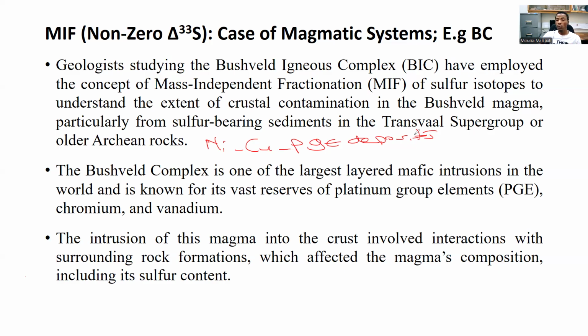The Bushveld Complex is one of the largest layered mafic intrusions in the world, and is known for its vast reserves of PGEs, chromium, and vanadium. Vanadium is in the Upper Zone, chromium in the Critical Zone, and also the PGEs in the Merensky Reef, for example, when we look at the rest of the Bushveld Complex, like the eastern and western Bushveld.